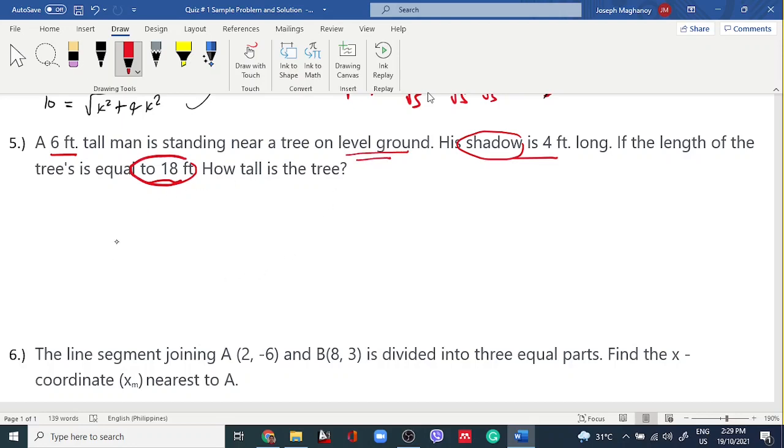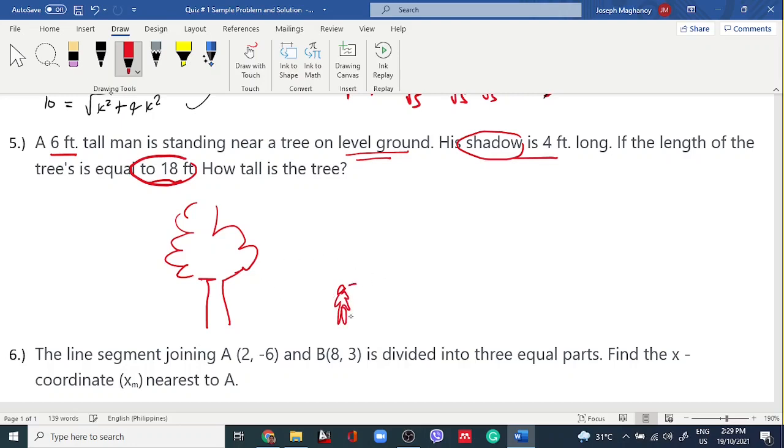So, meaning, if this is your tree, for example, that's a tree, and this is the man. Does it look like a man? Not sure.